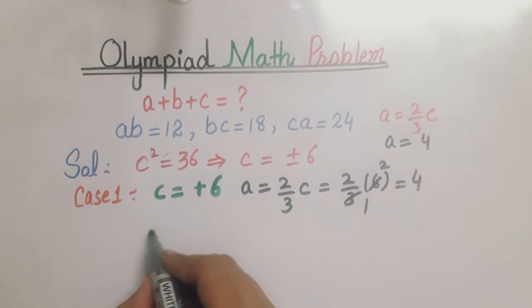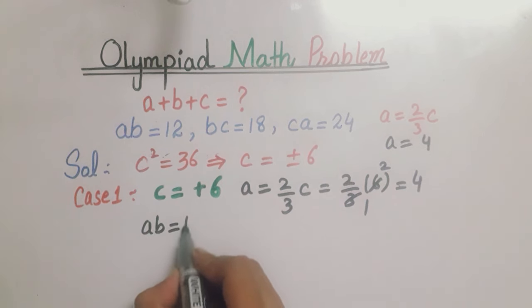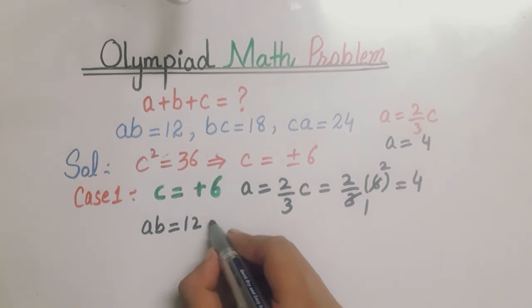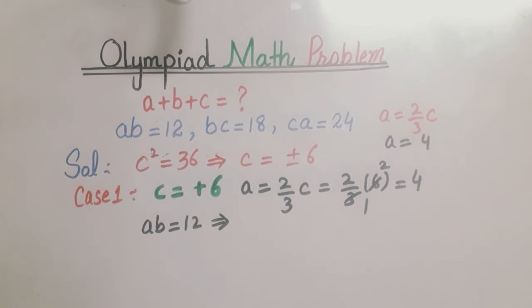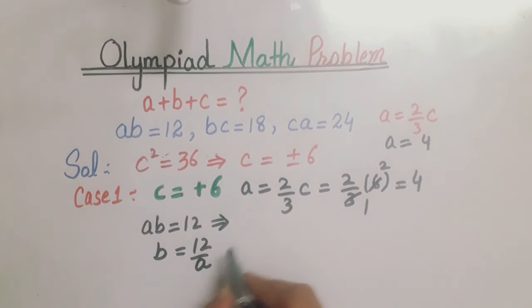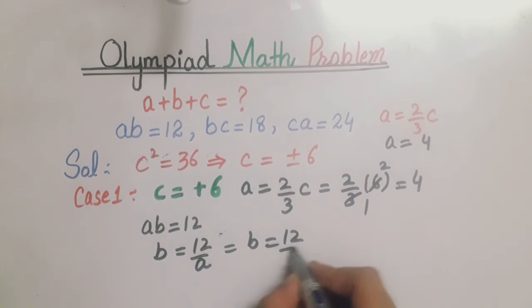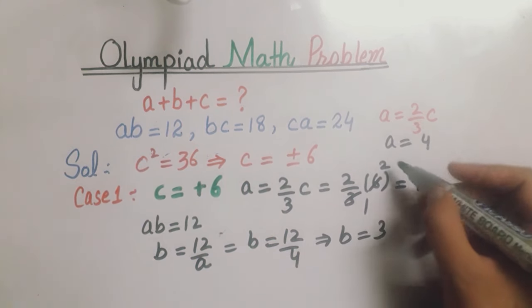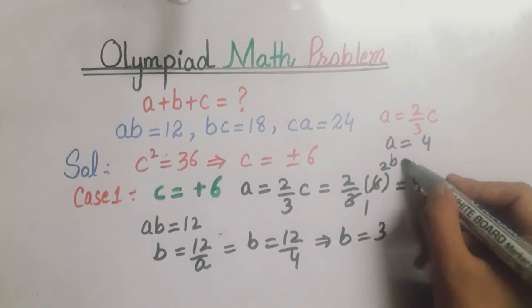Now we have AB equals 12. Substitute the value of A in this equation. So B equals 12 by A. We get B equals 12 by 4, because the A value is 4. So B is 3.